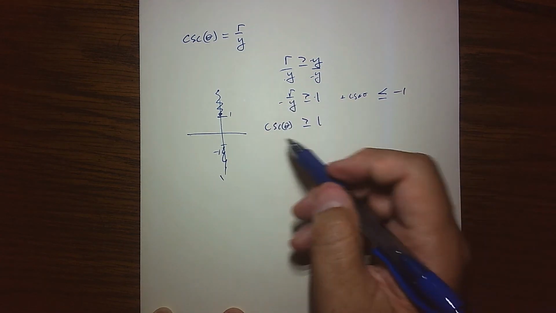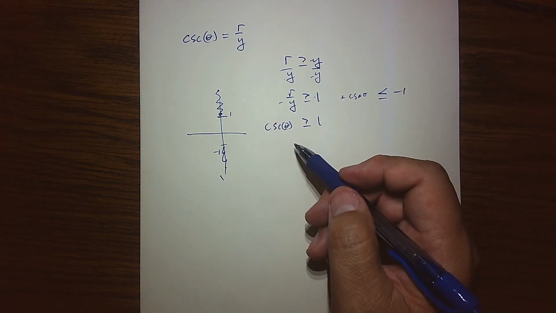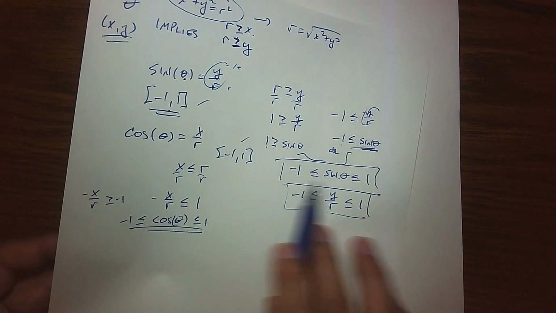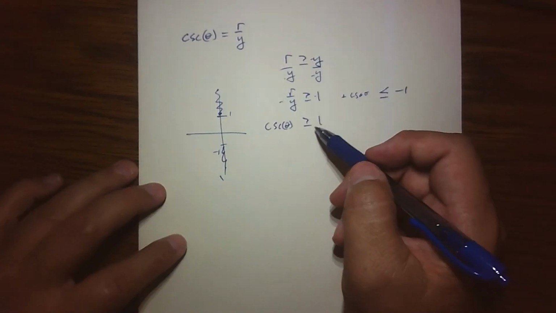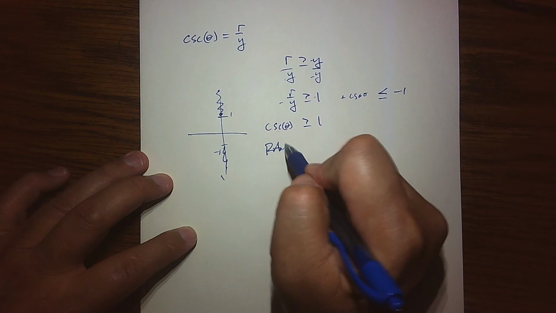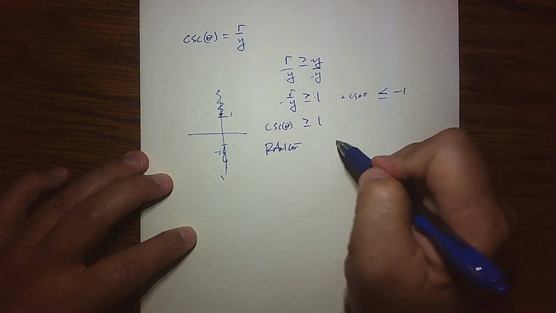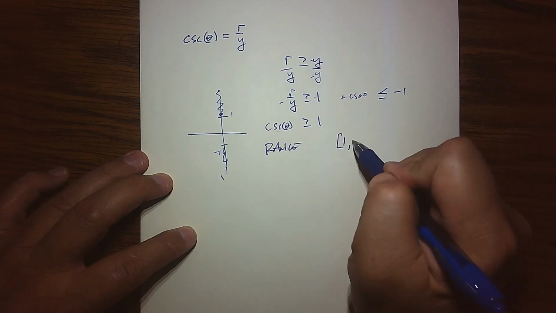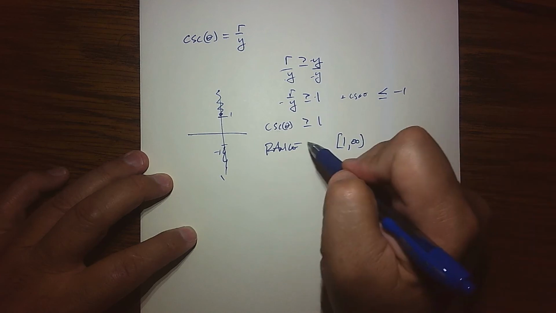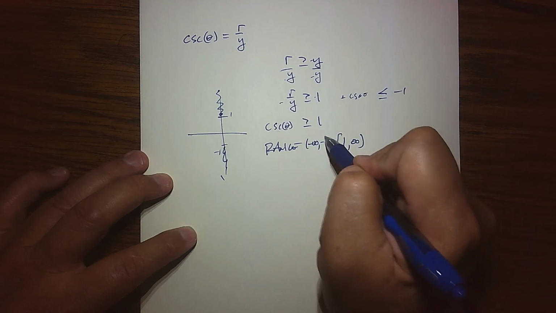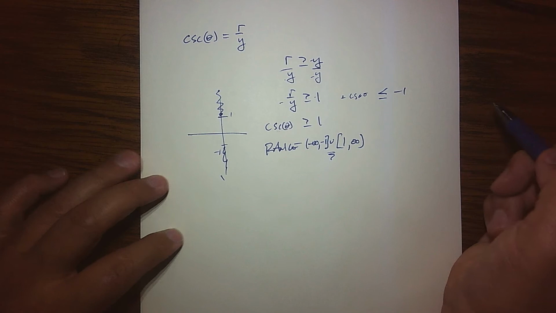So it's unlike with sine and cosine where we can put them in one interval. We actually need two. So the range for cosecant is from 1 to infinity, or from -infinity to -1. So it's got a little bit of a gap.